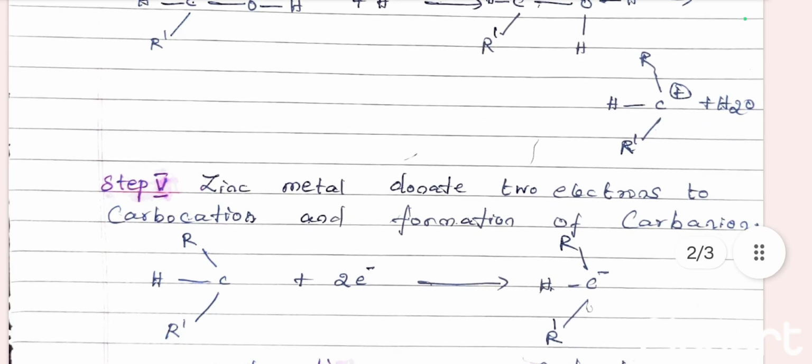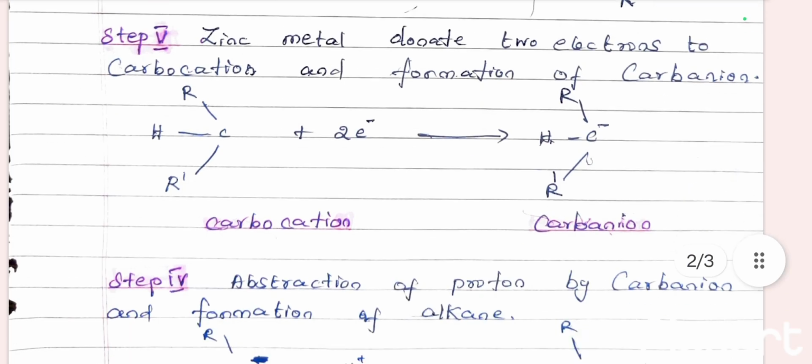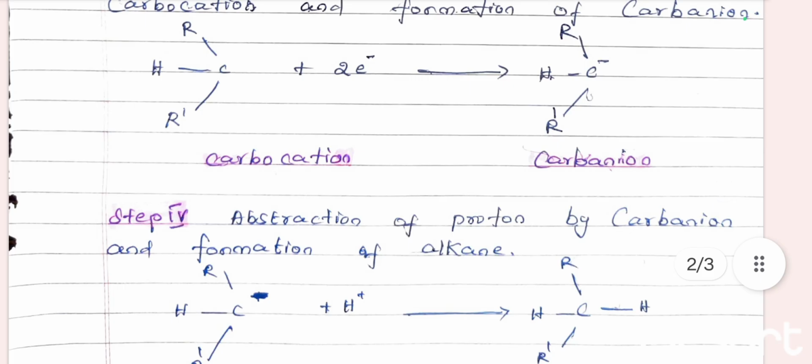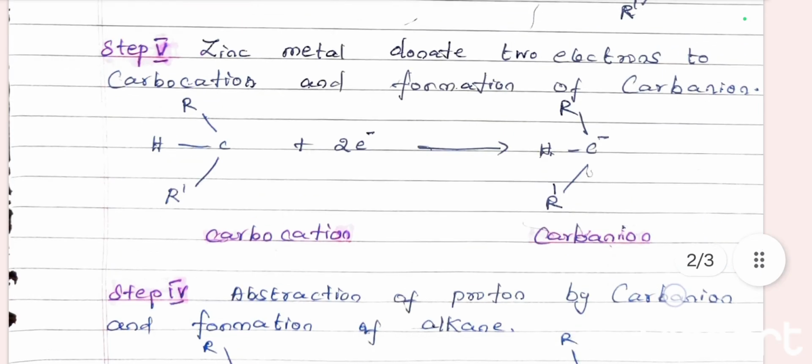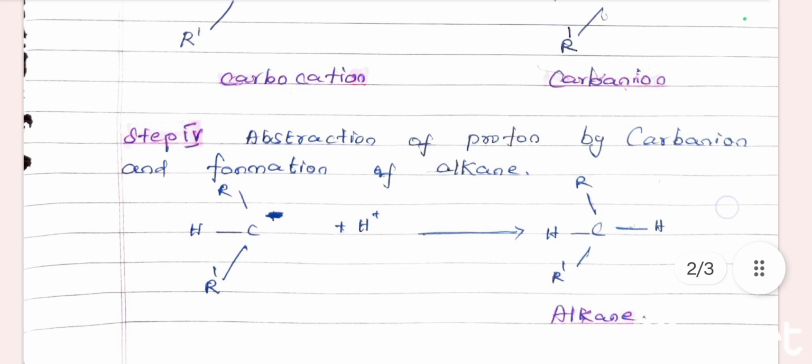In the fifth step, zinc metal donates two electrons to the carbocation, and the carbocation is converted into a carbanion. In the sixth step, abstraction of proton by the carbanion takes place with formation of the alkane.